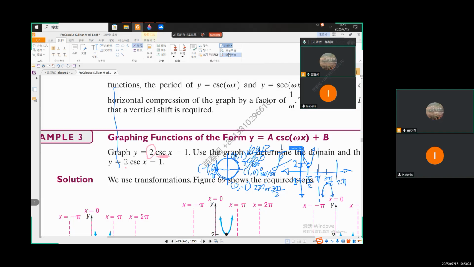Yeah, you move down 1 unit. Yeah, sorry, I was just trying so hard to do the original one that I didn't think about it. Really moving down.